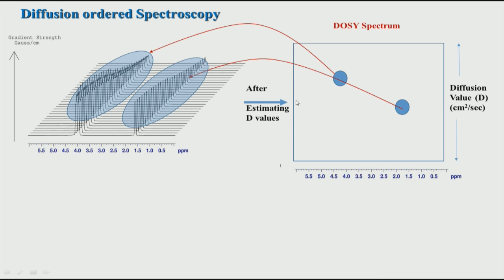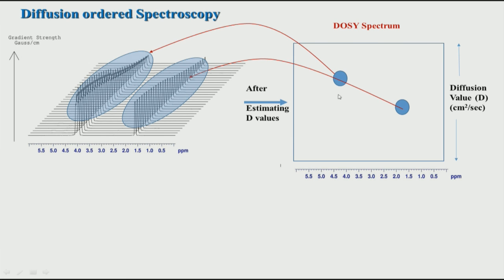So, the Dosy spectrum is plotted like this. On the x axis you show the chemical shift value, which is the same as this 1D spectrum, and on the y axis you plot the diffusion value, whose units are given like this. From the 1D you cannot make out that there are two molecules, but by simply doing this Dosy experiment you are able to get them.